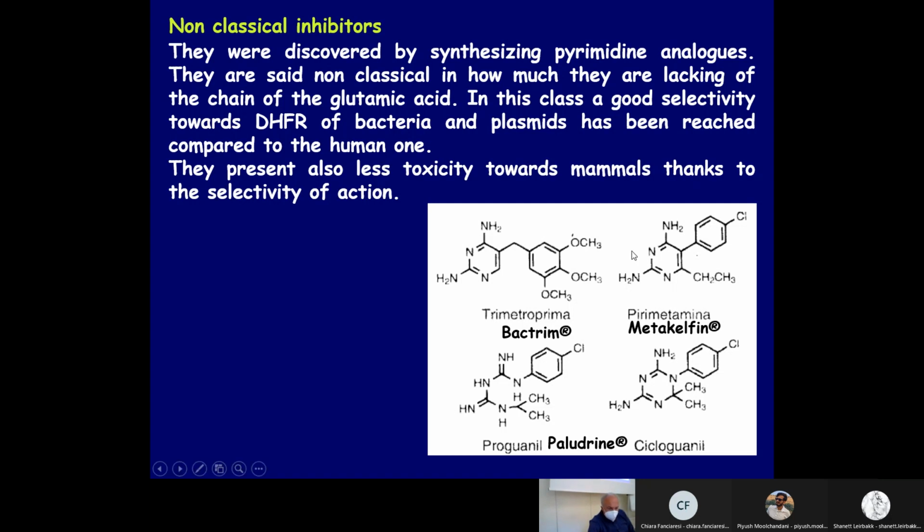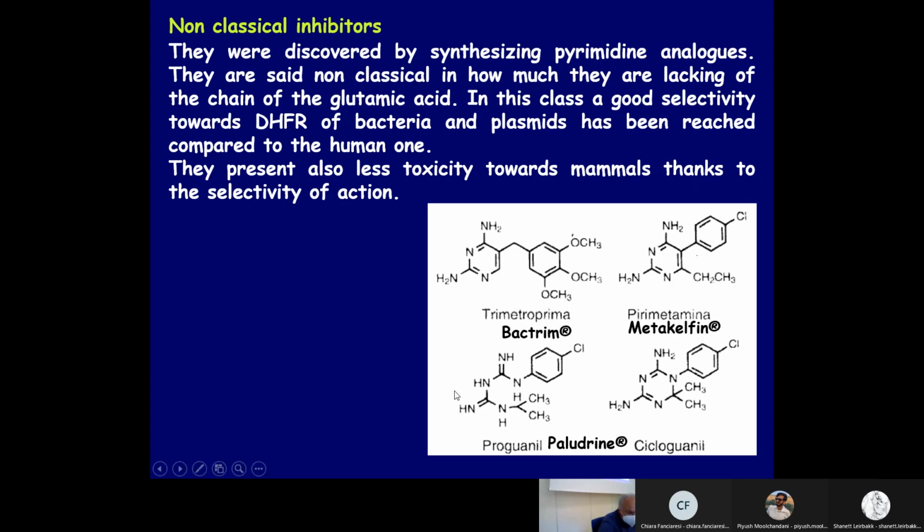And then the last two compounds of this class are proguanil and cycloguanil. Proguanil is the open form of cycloguanil. Cycloguanil is formed by our metabolization.